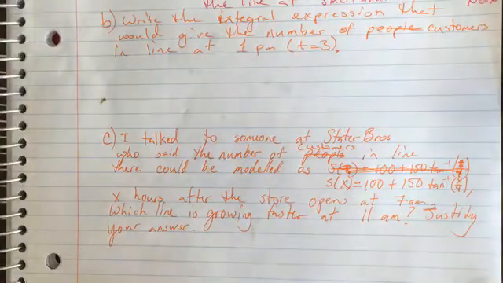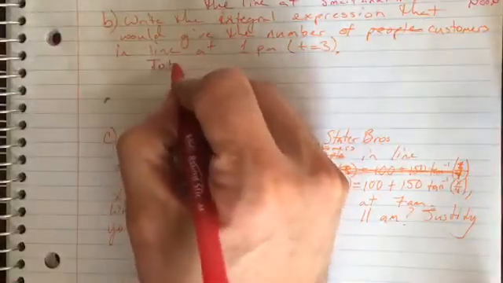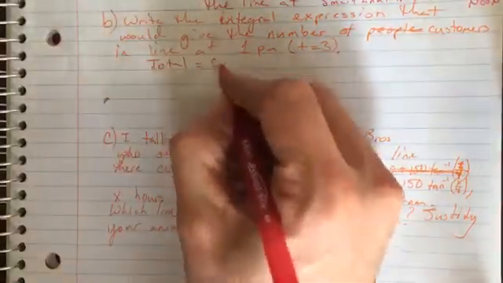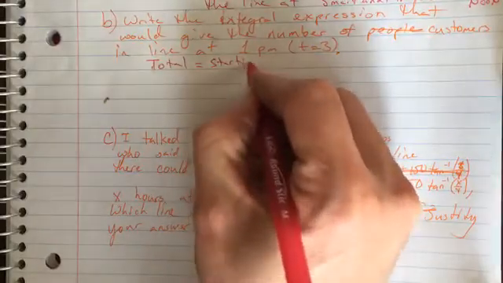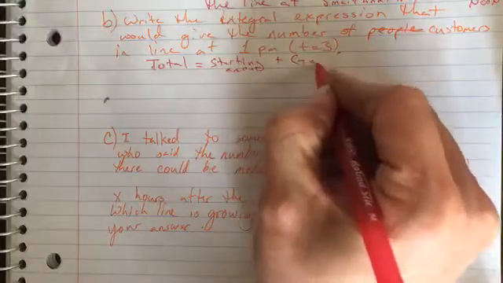All right, so now we want to write an integral expression that would give the number of customers in line at 1 p.m., so t equals 3. The total will equal the starting amount plus the gain minus the loss.